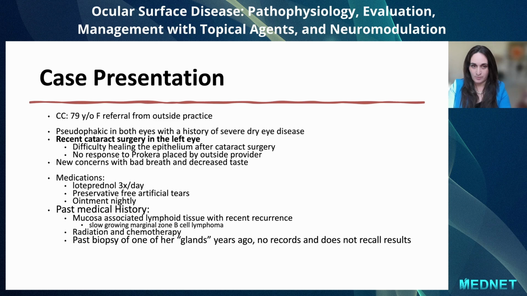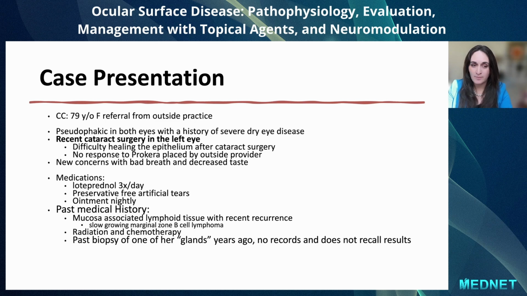She had a Prokera placed by the cataract surgeon who performed the surgery. And then she also came in complaining about bad breath and decreased taste, which were new for her. The medications that she was on were loteprednol, preservative-free artificial tears, and ointment at bedtime.